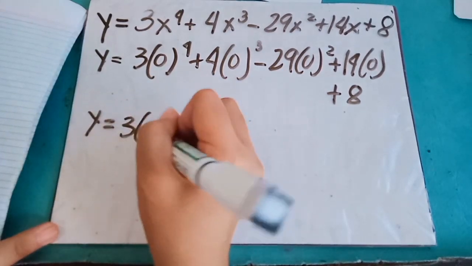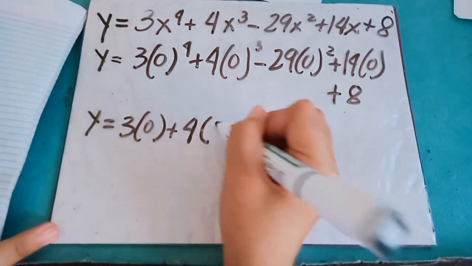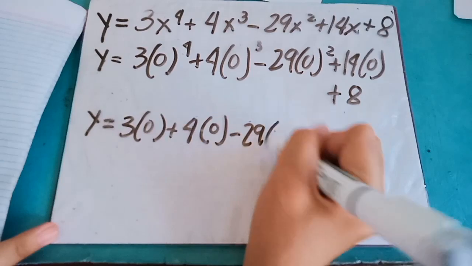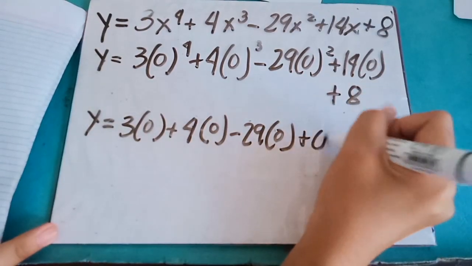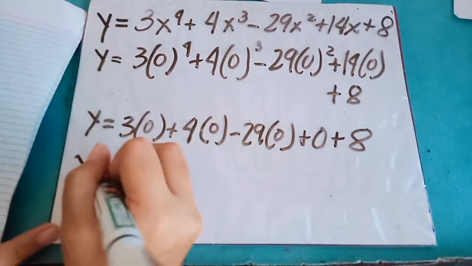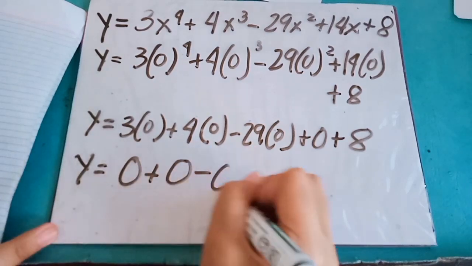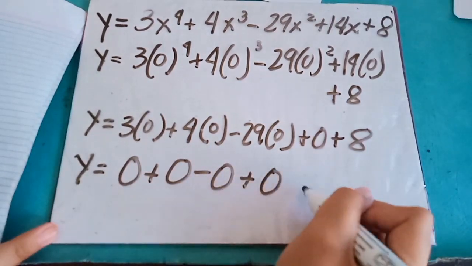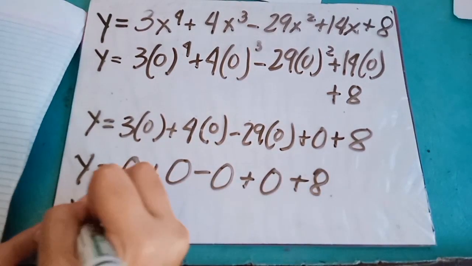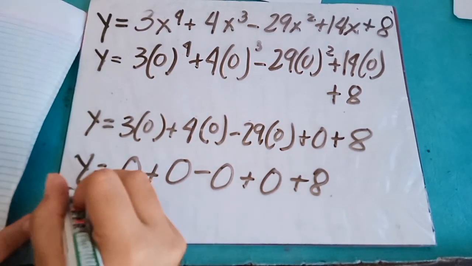So y is equal to 3 times 0 plus 4 times 0 minus 29 times 0 plus 0 plus 8. So we all know that any number multiplied by 0 is 0. So we are left here with 8. So y is equal to positive 8.